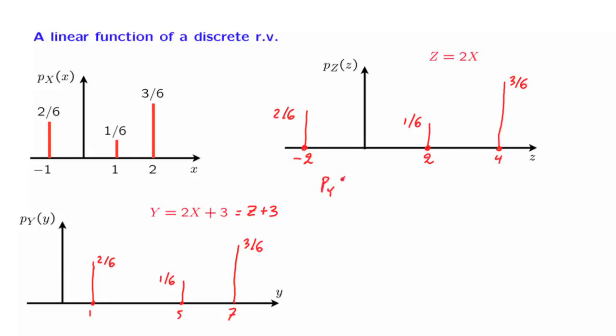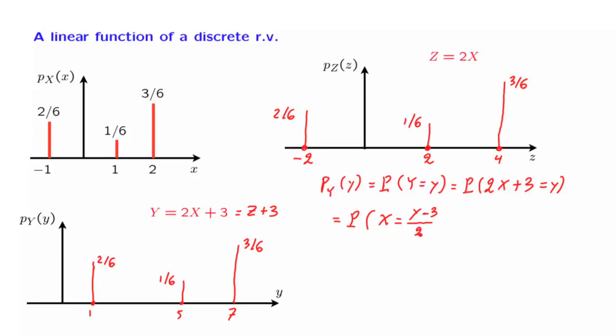For any given value of little y, the PMF is going to be equal to the probability that our random variable y takes on this specific value little y. Then we recall that y has been defined in our example to be equal to 2x plus 3, so we're looking at the probability of this event. But this is the same as the event that x takes a value equal to (y minus 3) divided by 2.